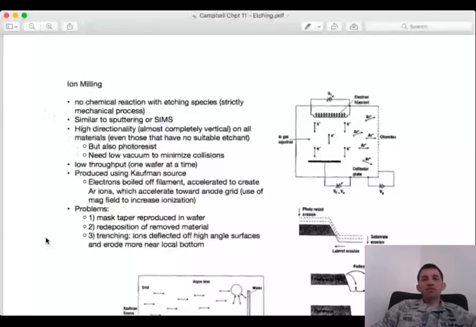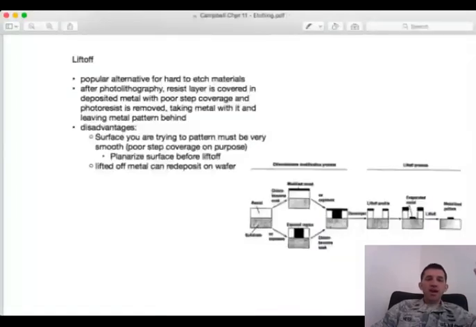So another process that's somewhere in between is reactive ion etching. In the high density plasma that we talked about a few pages ago, you're using the plasma to create reactive species. Here there is a little bit more chemistry, so you have a chemical process as well as the ions.